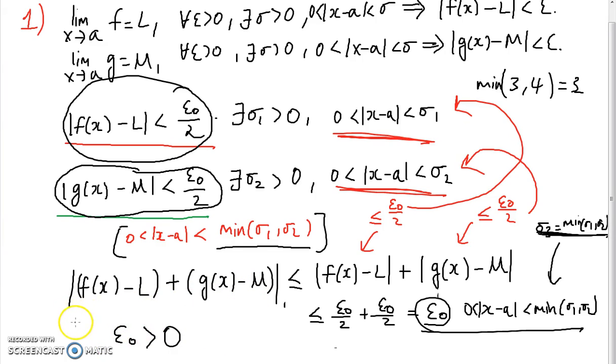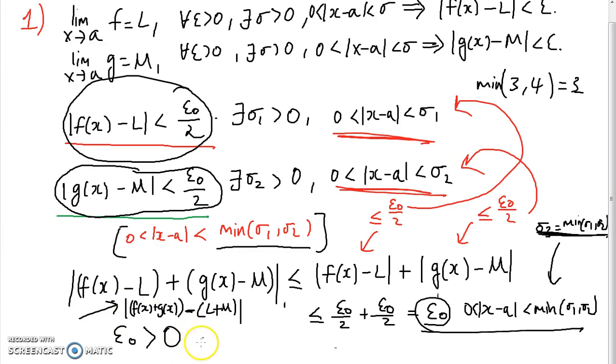Now why is that? Because the stuff here, f(x) − L plus g(x) − m, is really the same thing as f(x) plus g(x), if we view the sum of two functions as one function, minus L plus m. So the absolute value of that.